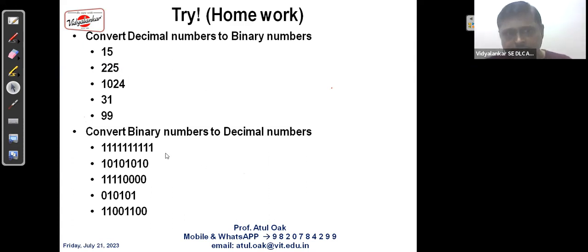And for the second question, you have to convert binary into decimal. All these numbers are binary numbers. Okay, this you have to convert into decimal. So take a pic and complete it as homework. Total 10 questions are there, 5 plus 5. I hope you must have taken a pic and we are moving ahead.